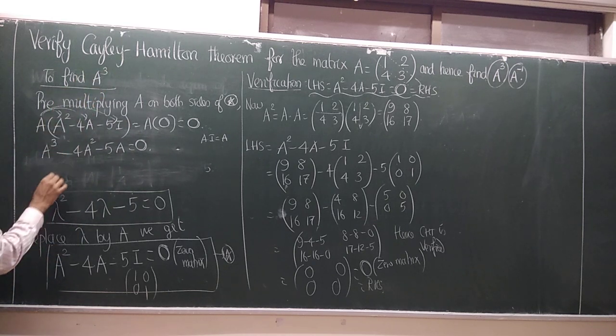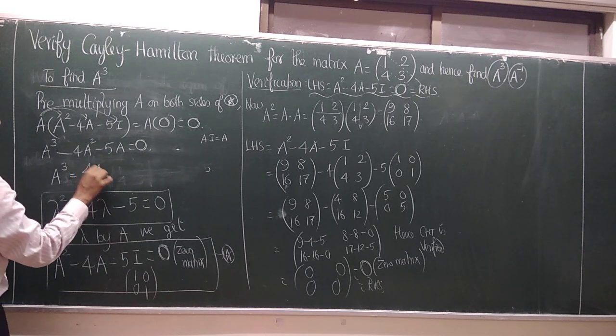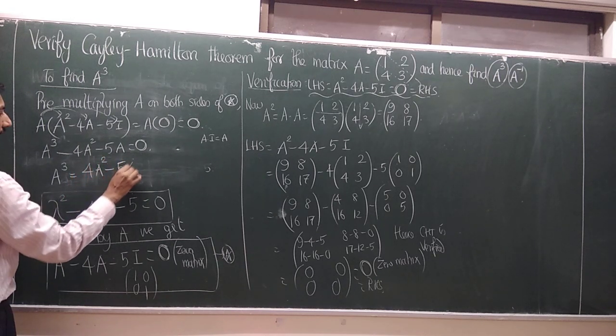My question is A cube, so let's keep A cube on the left hand side; the others can be pushed to the right hand side: 4A squared minus 5A.